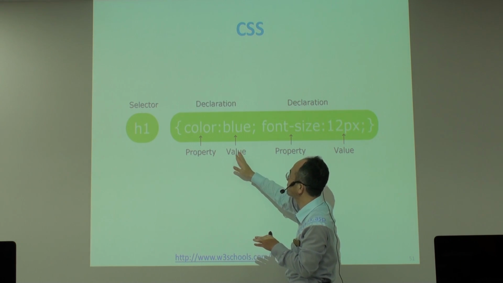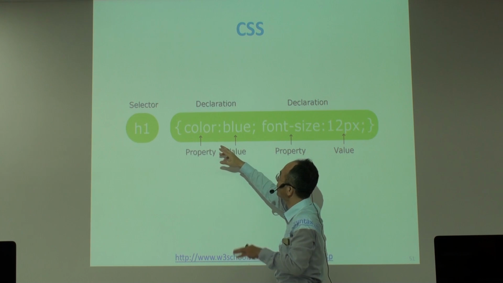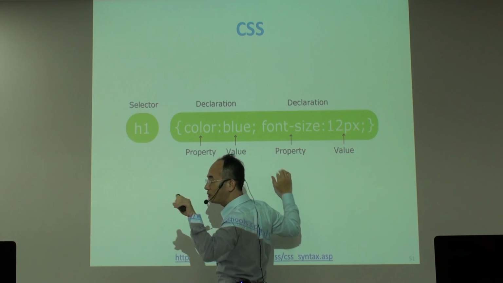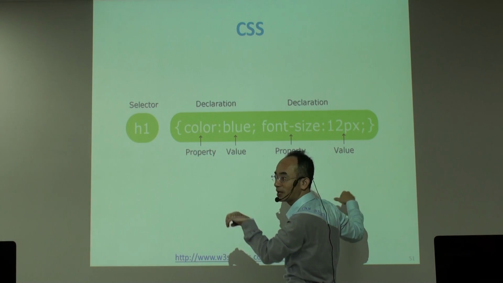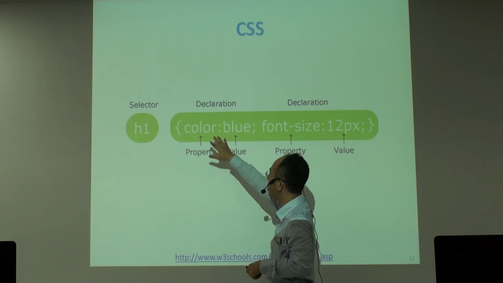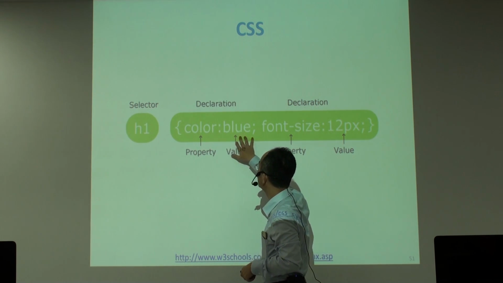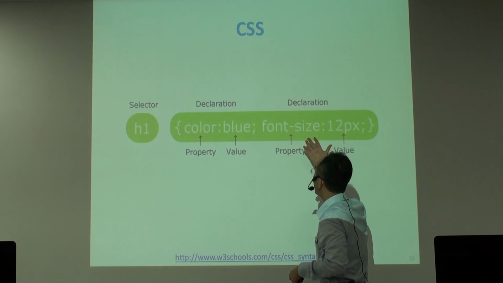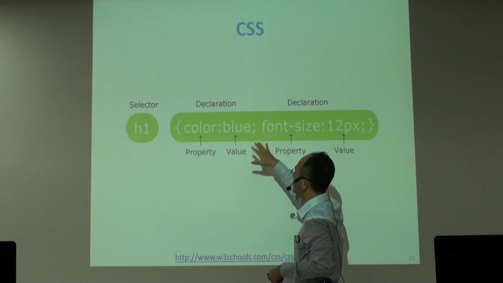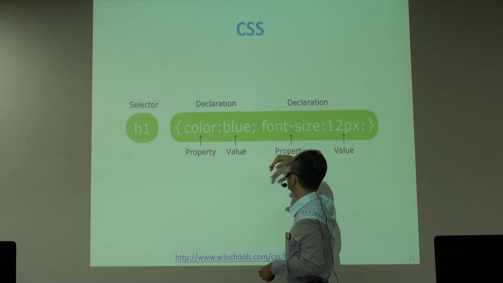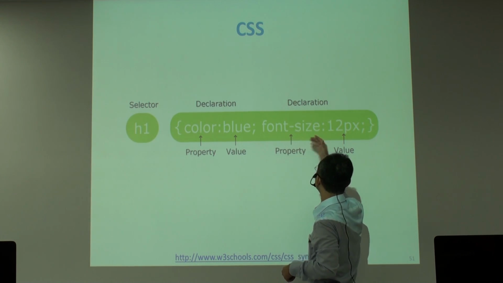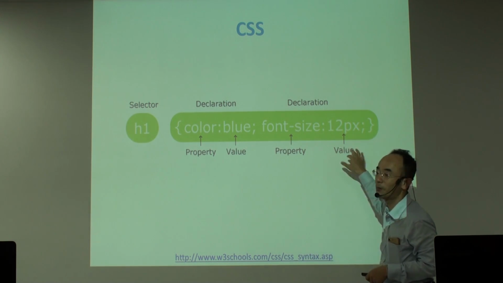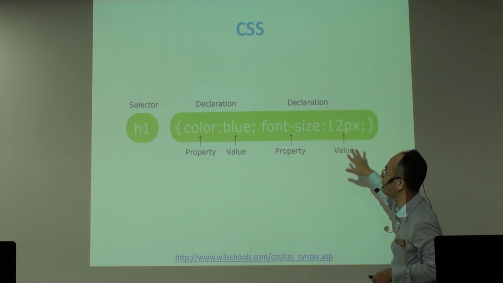Value is the value. For the declaration under the curly braces, there's color, colon, blue, and semicolon, and another property. For example, you specify the color is blue. You specify the font size is 12 pixels. So this is property and values.